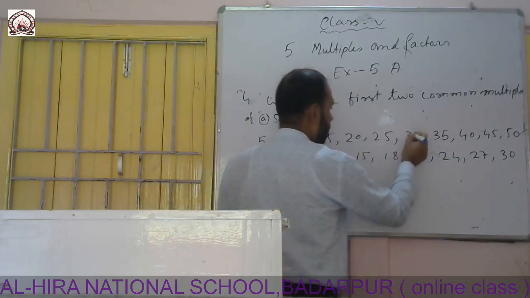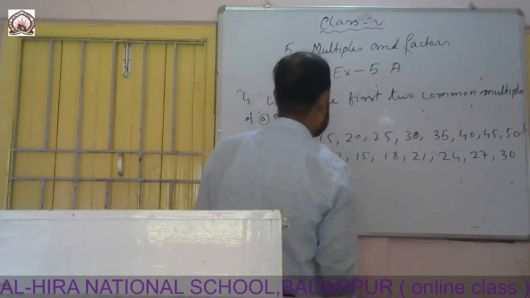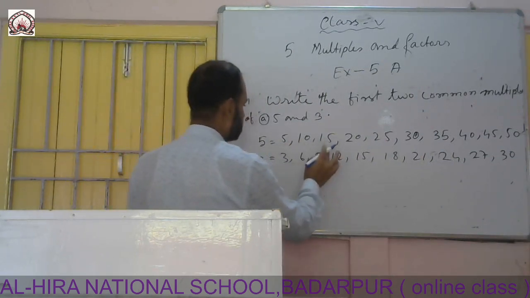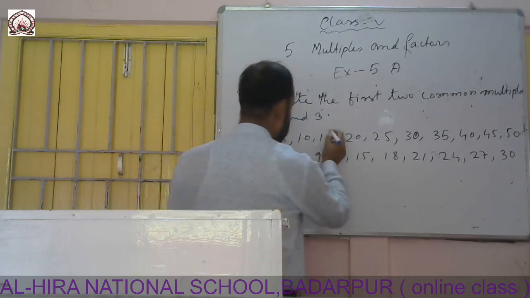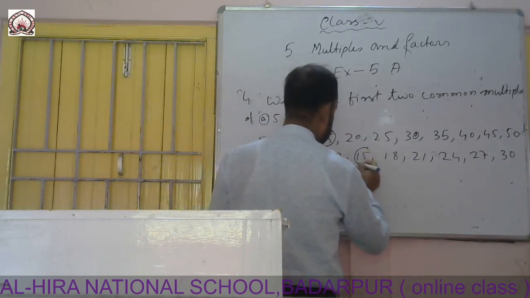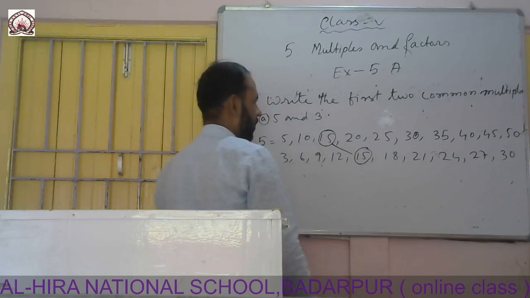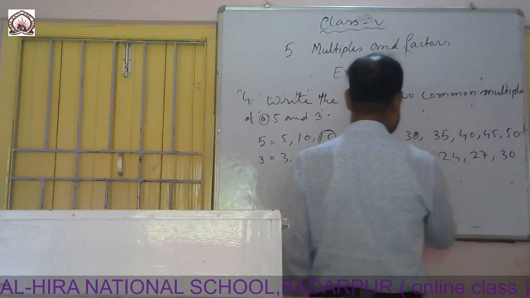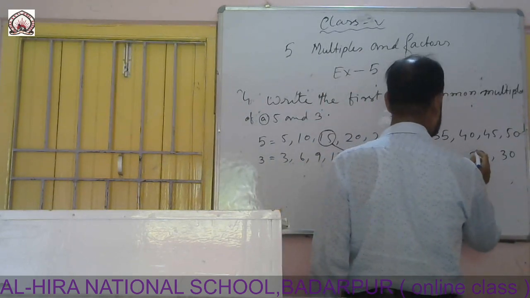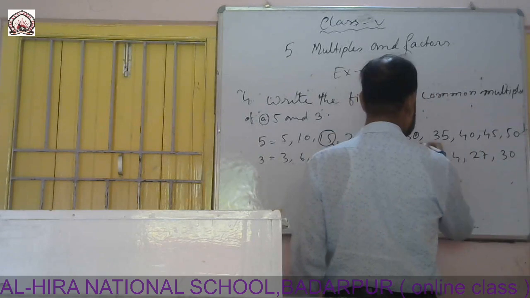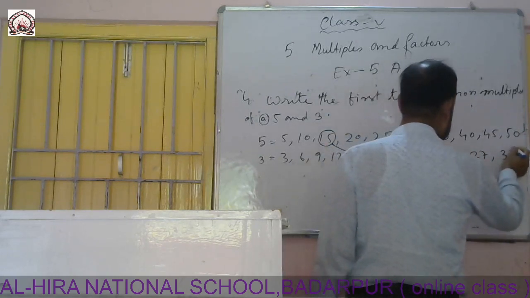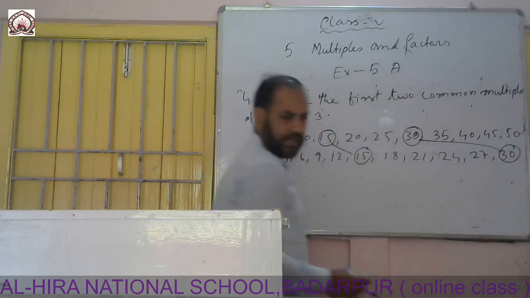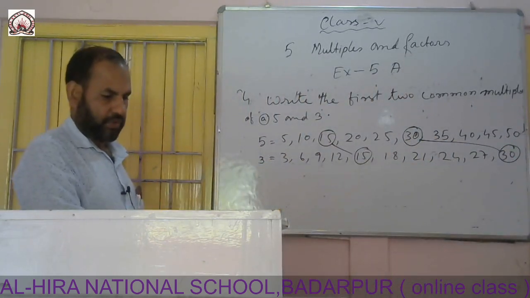Now we take out the first two common multiples. 15 is there, 15 is also there. So 15 is a common multiple of 3 and 5, and another is 30. 30 is there, and here also 30. So 30 is also another common multiple.